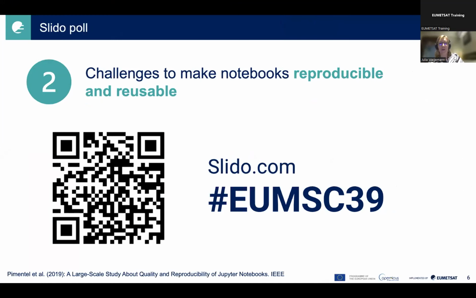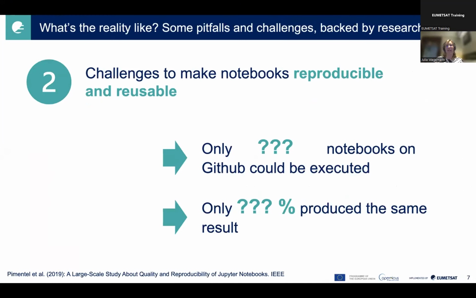So there is a specific study from Pimentel et al. in 2019, in which they analyzed all the notebooks on GitHub and tried to see whether they could execute and reproduce them.